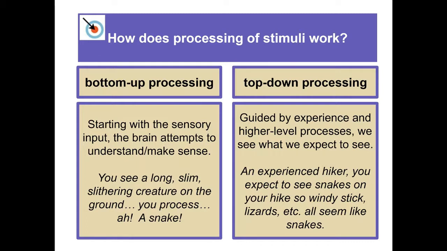But in reality, you may be experiencing top-down processing, because top-down processing is something that your brain's expectation and, let's say, your brain's prior experience or your brain's expectation is going to change the way that you actually experience, in this case, the taste.